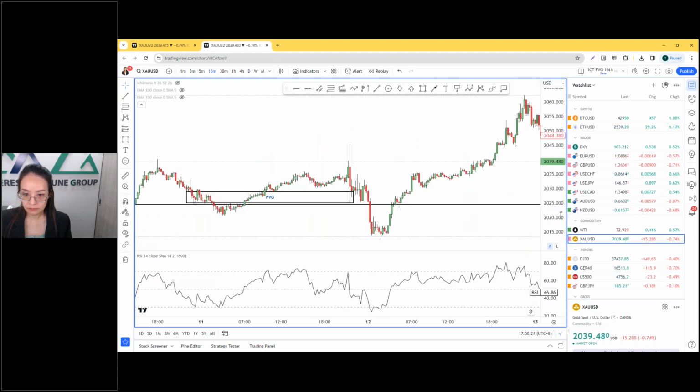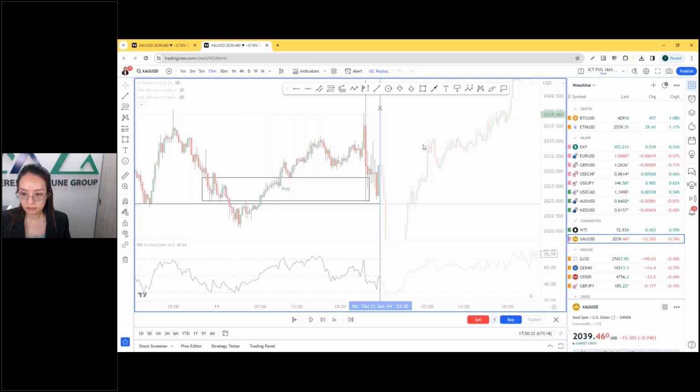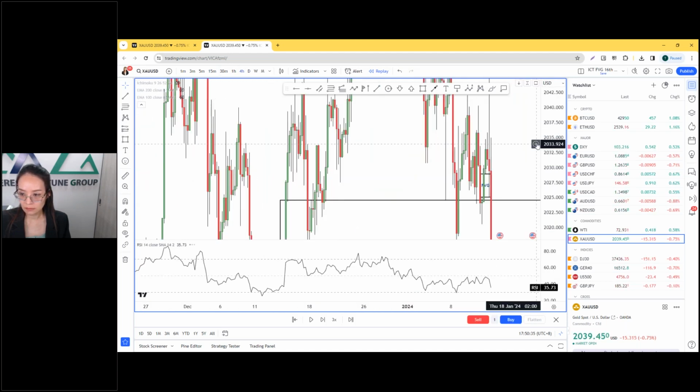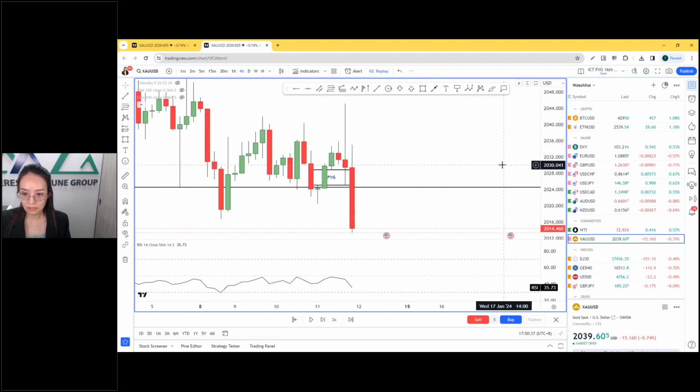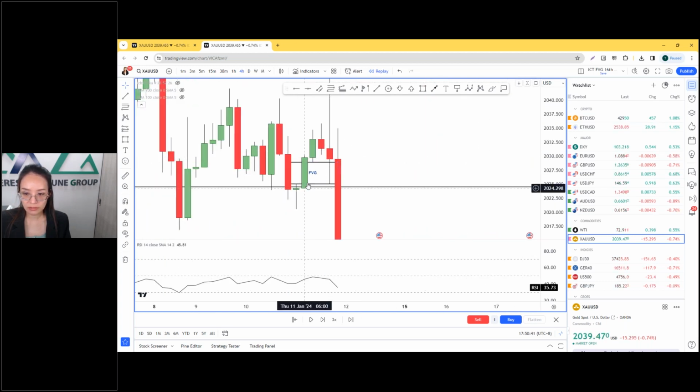Okay, ignore this candle because this one is filled already.